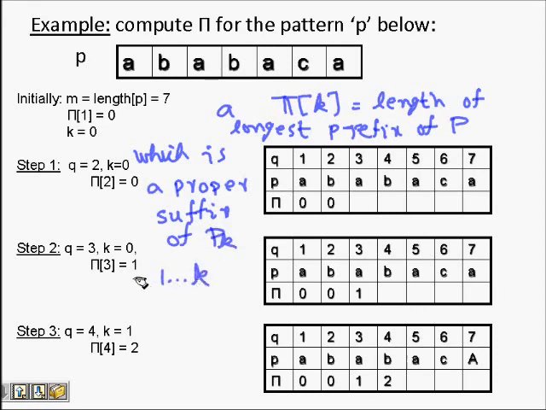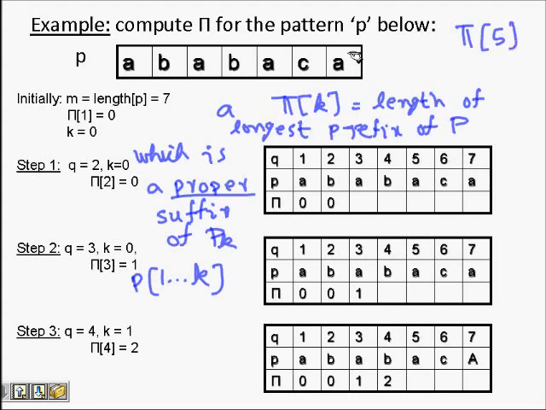So p1 to k is pk, and proper suffix means that the suffix should be smaller than the string itself. This being said, now let's try to see what pi of, let's say, 5 will be.